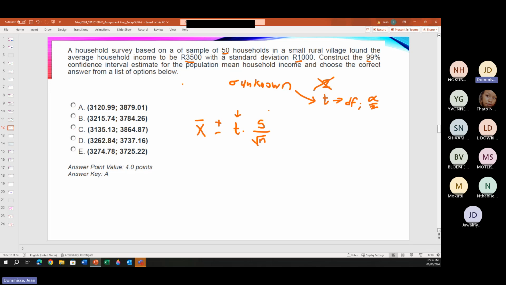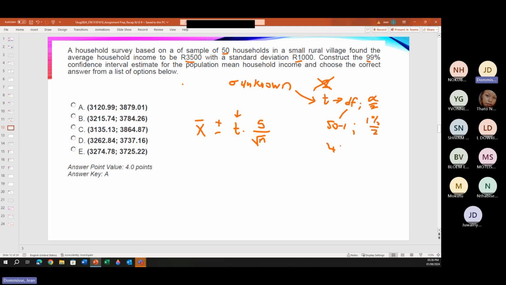So we are going to do that for this one as well, and there are some others that we need to do it for as well. So degrees of freedom is n minus 1. Then to get to that alpha divided by 2, basically 100 minus 99%, so that is 1% divided by 2.